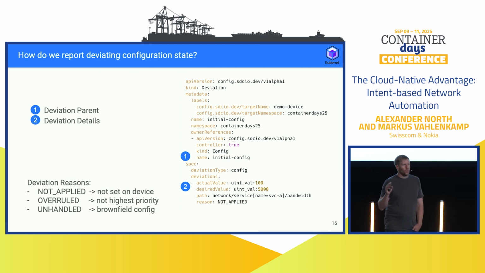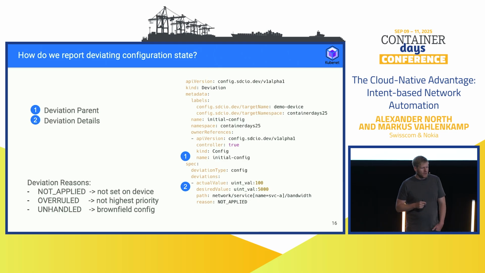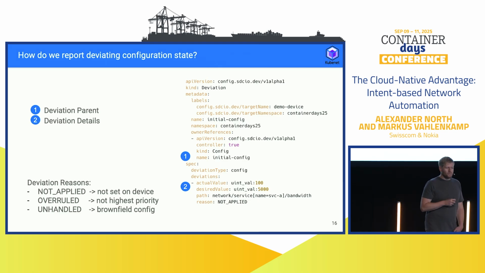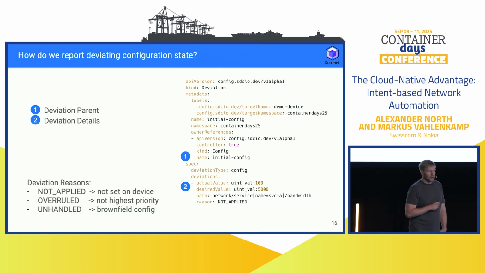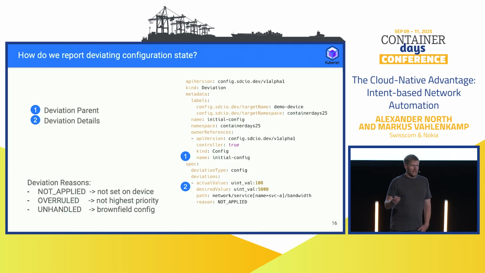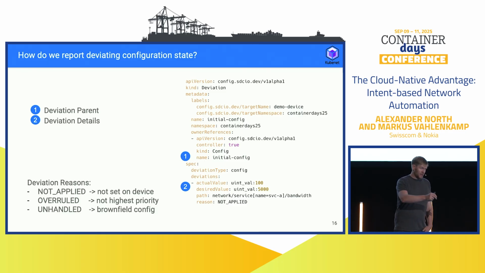That's just one reason for deviation. That's the not applied deviation reason. And then the others would be overruled. That is, there is another intent for this specific value that is of higher priority. So that's why this has become inactive. And then we also have unhandled.